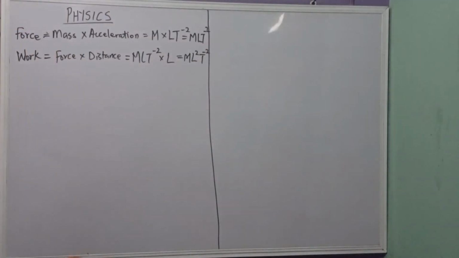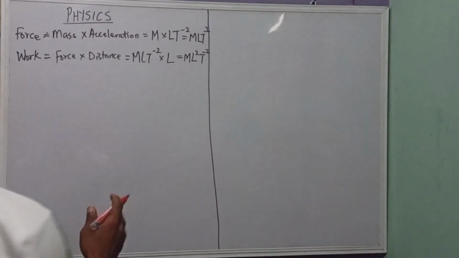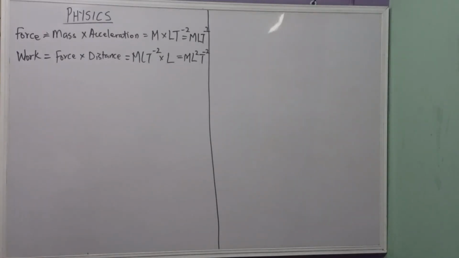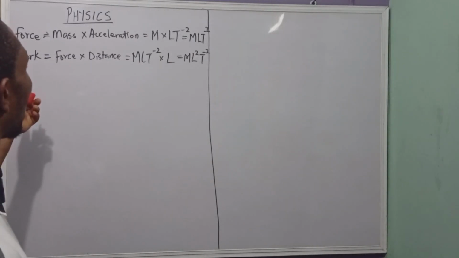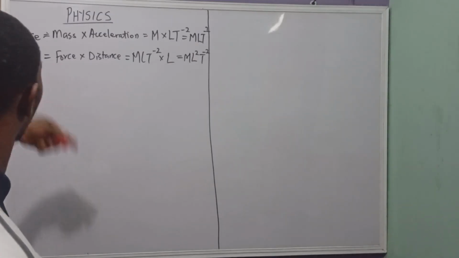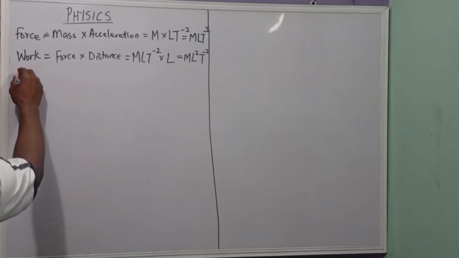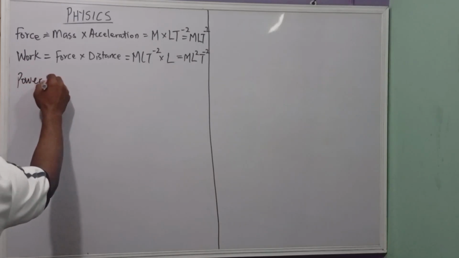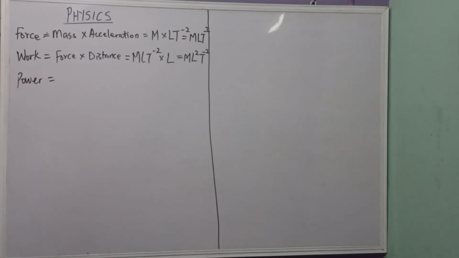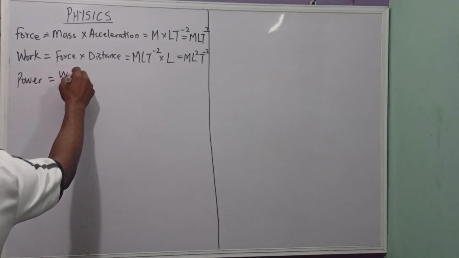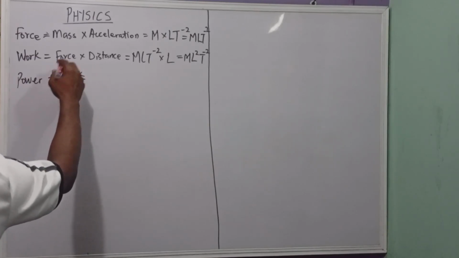I hope we are understanding this, and we see how easy it is once we know the basic unit that defines our work. Now, let's look at power. For power, we have it as work all over time.